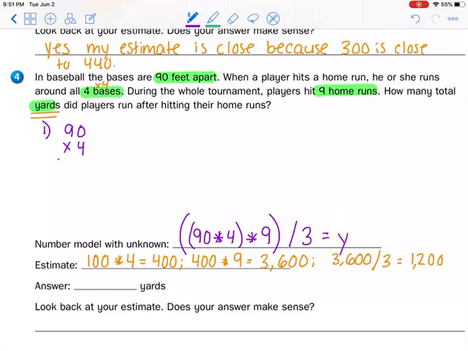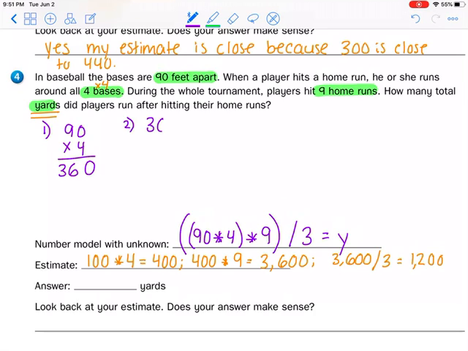90 times 4. I know that 4 times 0 is 0. And then 9 times 4 is 36. So there's 360 feet when you run around all of the bases.